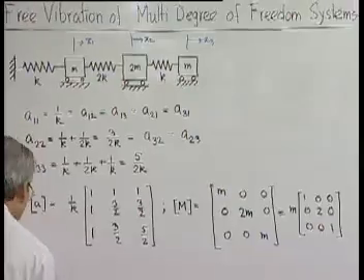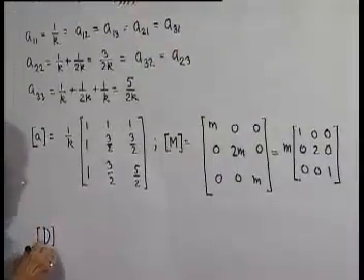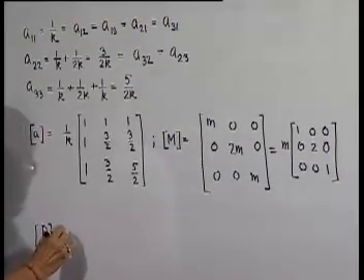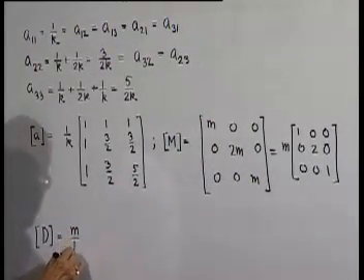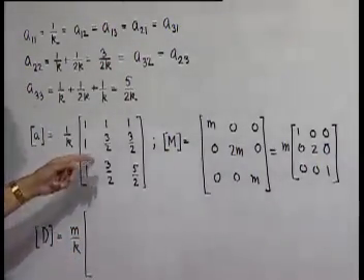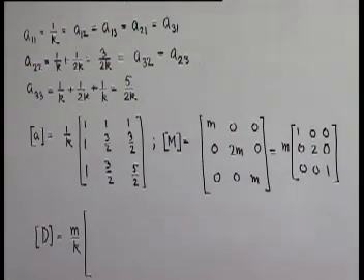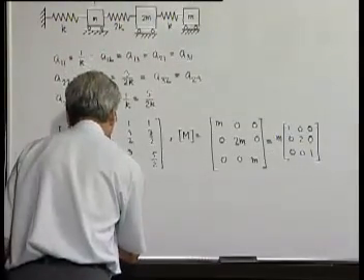So, the D matrix is equal to m by k into this into this. The result I will give, it is straightforward.